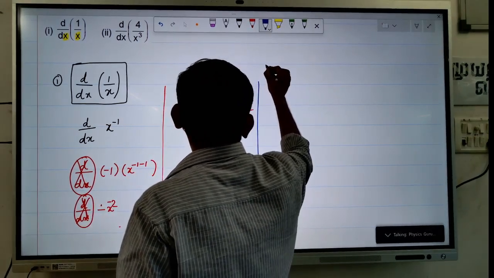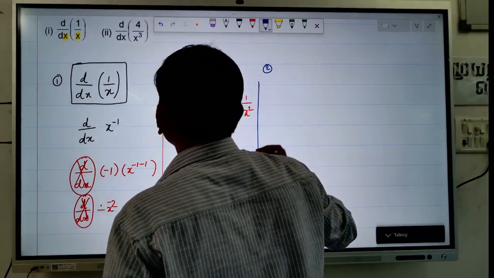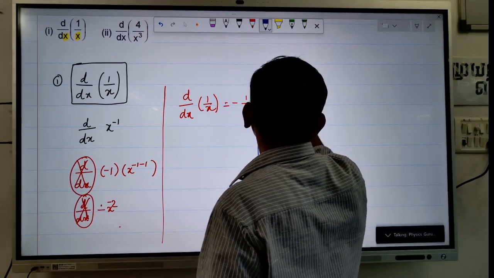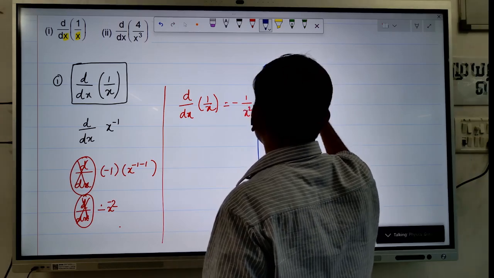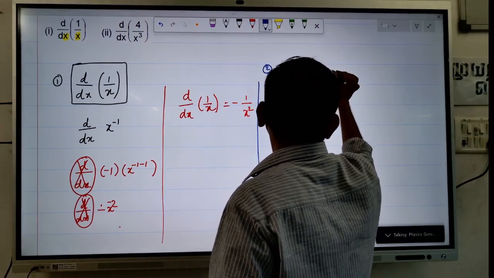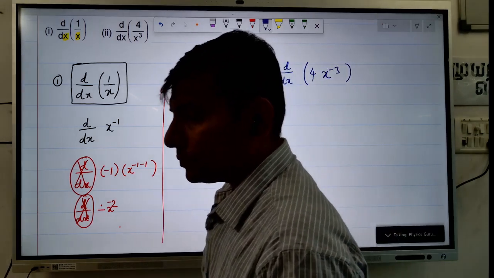Let's take the second problem here. So, 4 into x to the power minus 3. Correct?